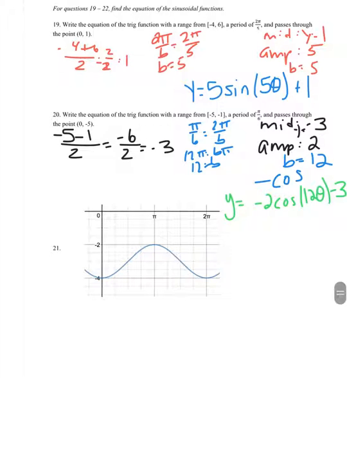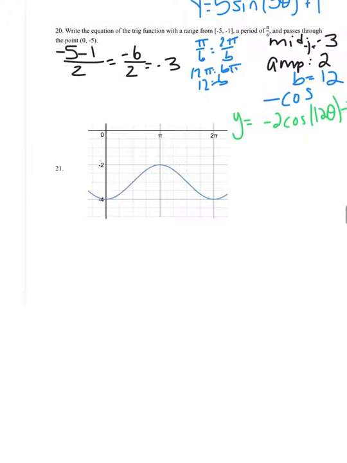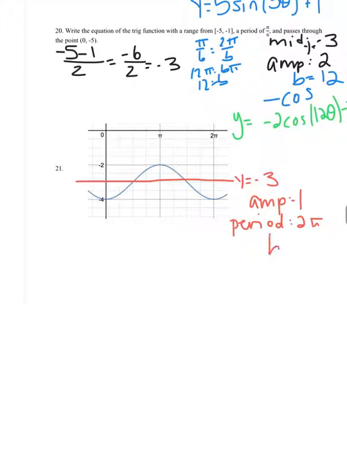Then the last ones are graphs. So I'm going to identify my midline right away. That's y equals negative 3. Remember, if you look, these are going by 2, so you have to be careful. So my midline is y equals negative 3. My amplitude is 1. And then the period is how long it takes me to complete a full cycle. So my period is 2 pi. Or I can just see my b value right away in here.